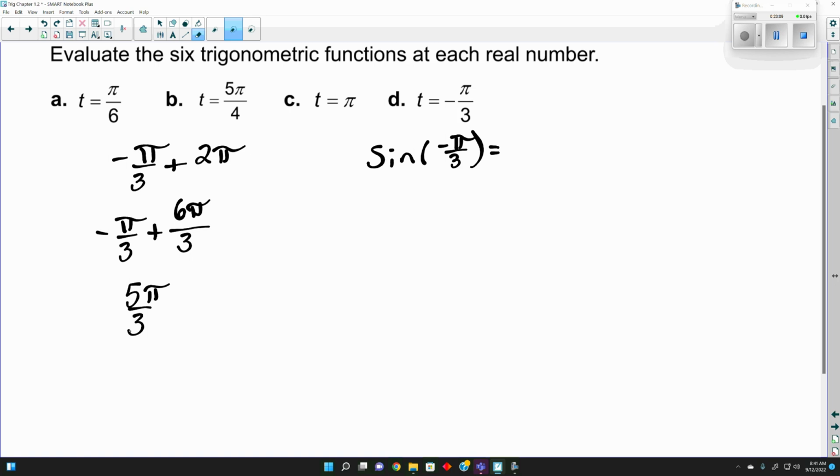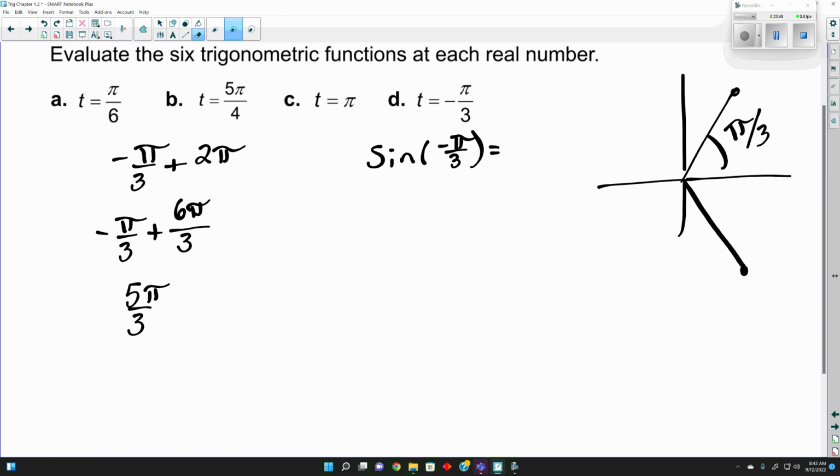Because if we look at pi over 3, it's up at 60 degrees, yes? Or negative 60 degrees is going to be at 300. Does that kind of make sense where we're at? Because all I'm looking at is a unit circle and trying to get it in a form that I can work with better. Because we know negative means we're going to go clockwise, not counterclockwise, down pi over 3, that amount. So we can think of it that way, where in the first quadrant of the unit circle, this here is pi over 3.